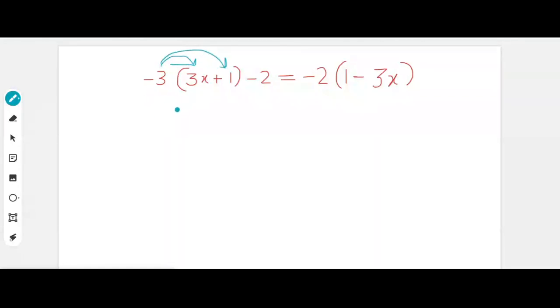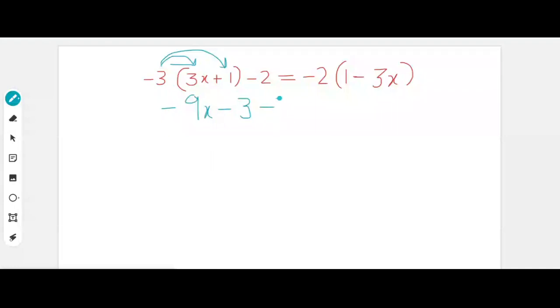So negative 3 times 3x is negative 9x, and negative 3 times plus 1 is negative 3. Minus times plus is minus. Remember that the signs are also multiplying.